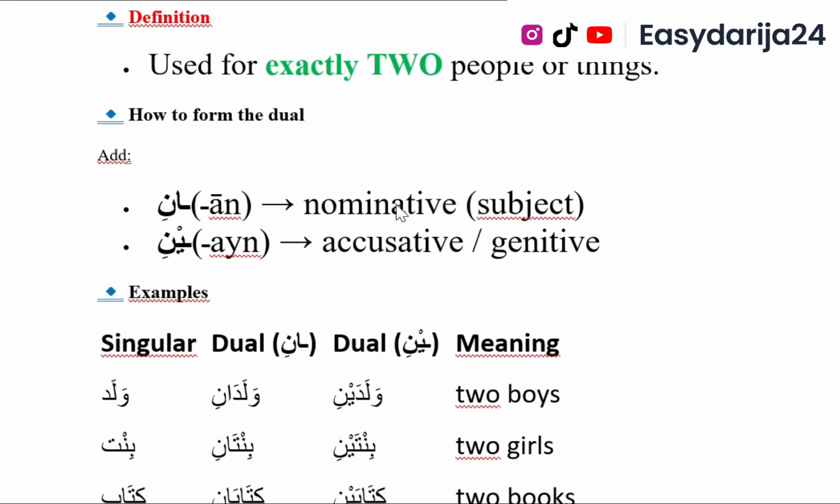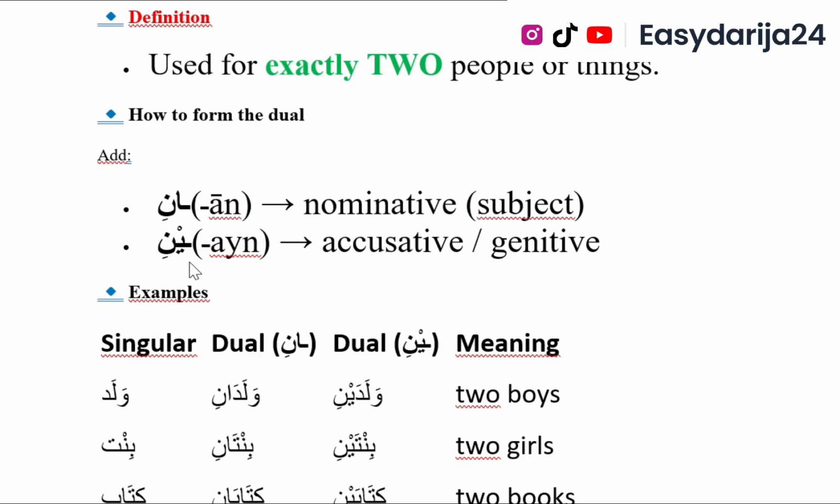So in the nominative case, for this concept, nominative, accusative, and so on, we will see that in detail in the next videos. Don't worry about it. So if we have the nominative case, we use the alif like a long vowel here, and we use noon and kasra, ni.